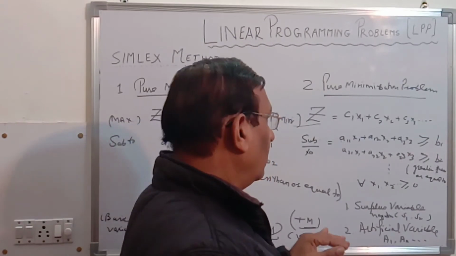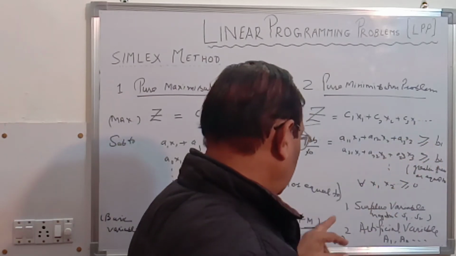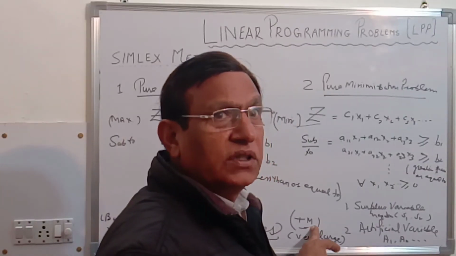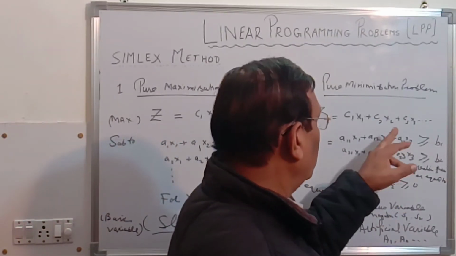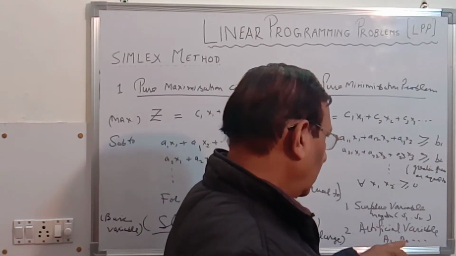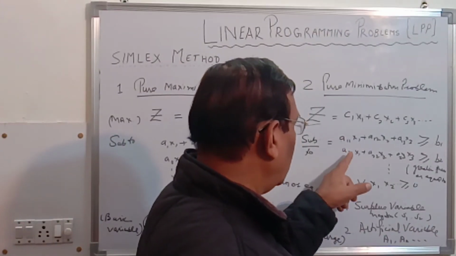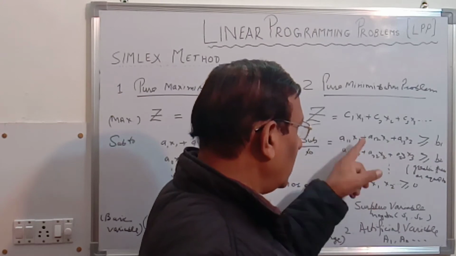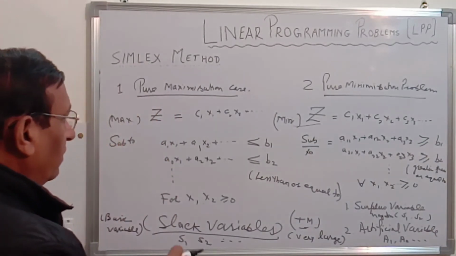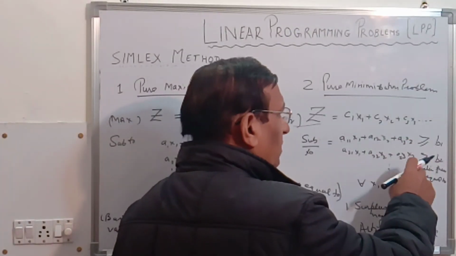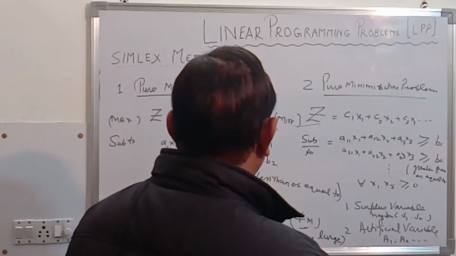We add artificial variables into the objective function with M coefficient, M A1, M A2 in the objective function. And these artificial variables are also added into the constraints to convert the inequality into equality. So whenever we add, these inequalities will be converted into equalities. So this is the point to note.